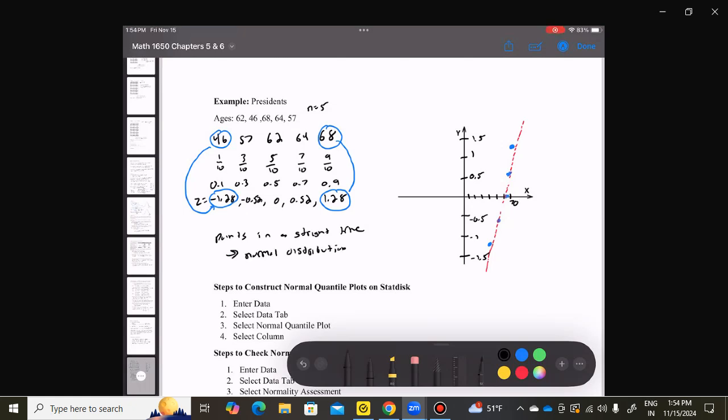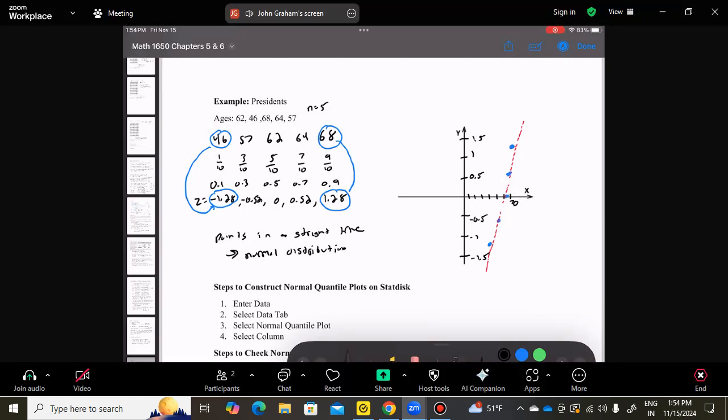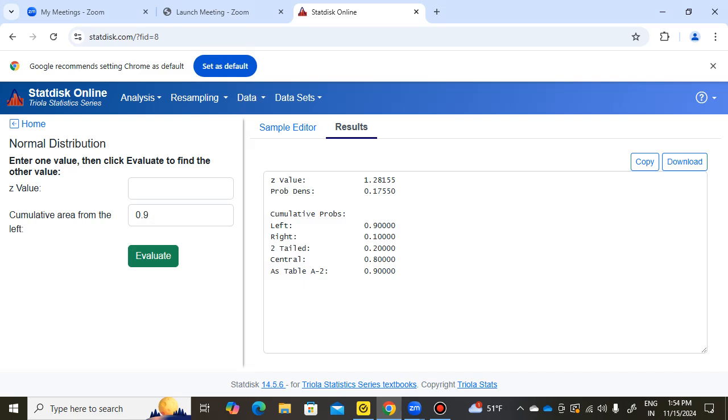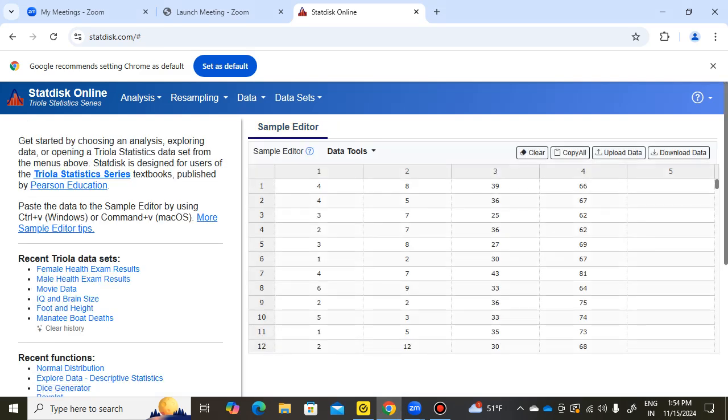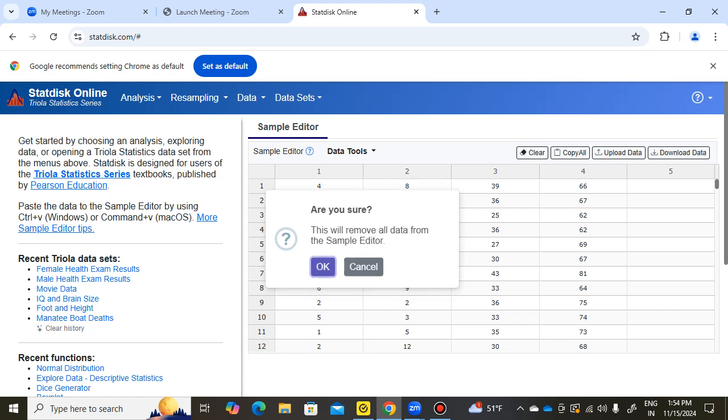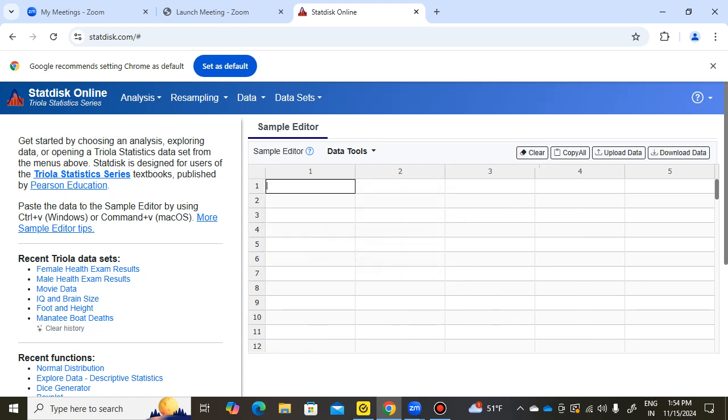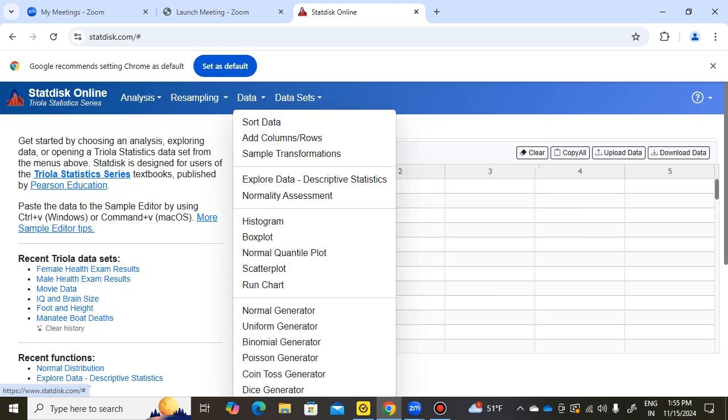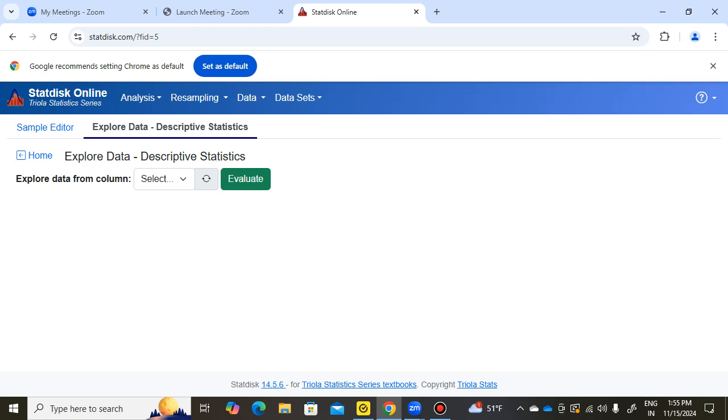Right, so let's put the data into StatDisk. Let's clear all this data out and put in the 5 ages. It doesn't matter if you put them in order or not. To do a normal quartile plot, we're going to do it 3 different ways. One way is you can go to explore data and choose a column.